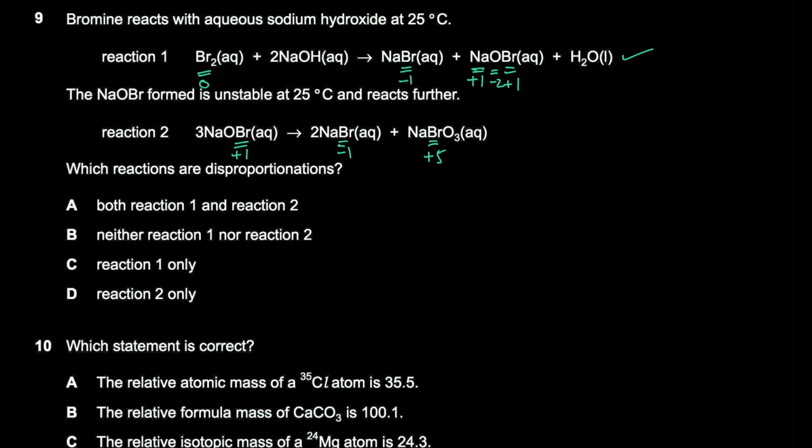We know it's +5 because sodium is +1 and we have 3 oxygens which are -2 each, so with bromine as X, the total is 0 and X is +5. So bromine is again undergoing oxidation and reduction simultaneously, oxidized from +1 to +5 and reduced from +1 to -1. So the answer is A. Both reaction 1 and reaction 2 are disproportionation reactions.